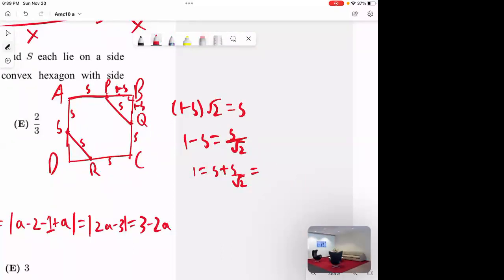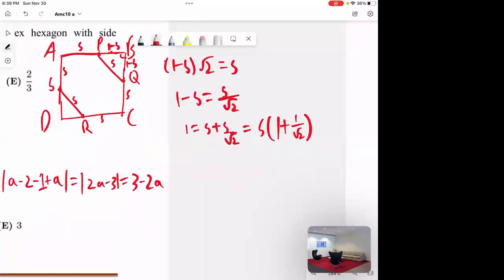Let's just factor out S, right? So S times 1 plus 1 over root 2. And then we divide each side by this right term to give us S equals 1 over 1 plus 1 over root 2. And we simplify this 1 over root 2, or actually 1 plus root 2, and we get rid of this, right? Because we basically just move this up here.